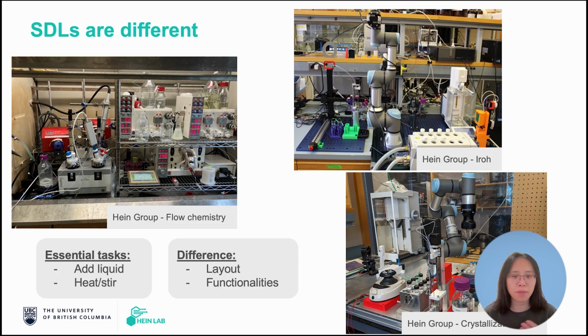And those systems all have very different layouts and functionalities because, again, they are designed for different research objectives. So if we wanted to interact with such a robotic system and maybe design a workflow on this SDL, then we have to quickly understand the capability of such SDL.